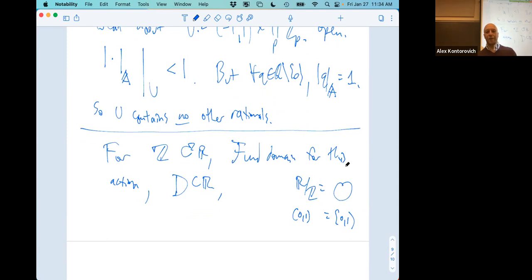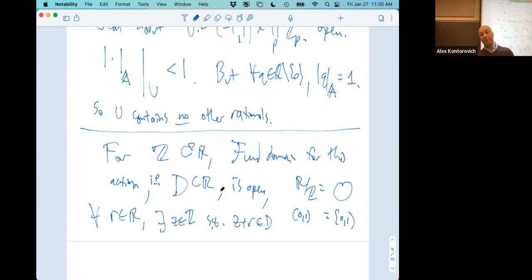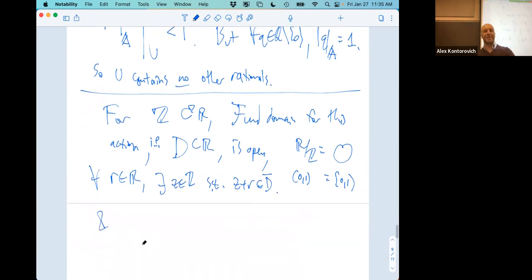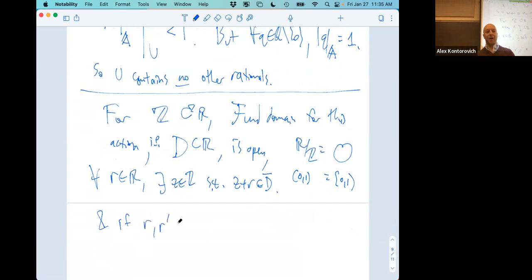So a fundamental domain for this action, D, is an open set such that for all r in R, there exists a z in Z such that the action, which here is addition, can get you to D. Well, it's open, so I might have to get to the boundary of D. And if r and r' are in D, and r equals r' plus z for some z in Z, then r equals r' and z equals 0.